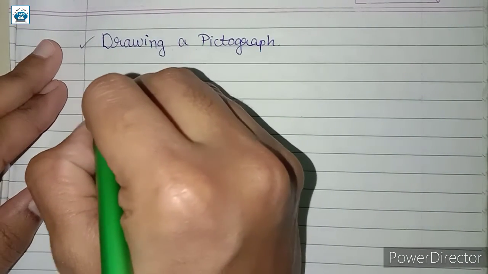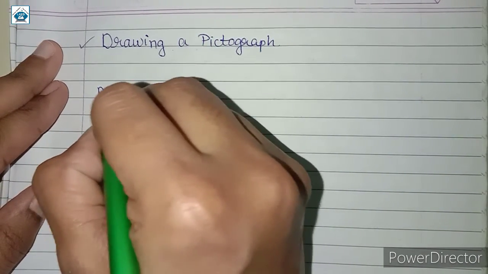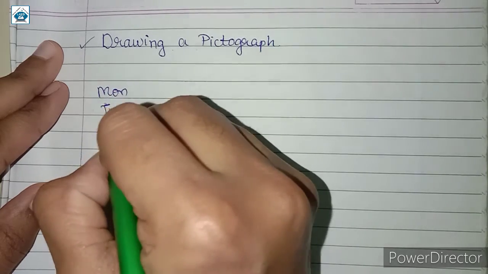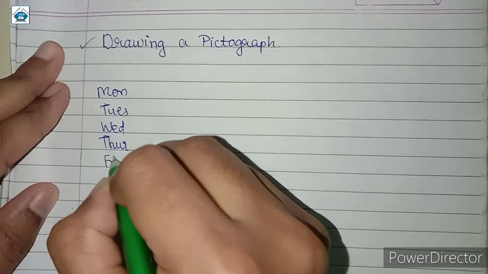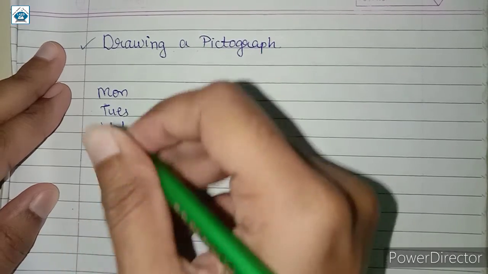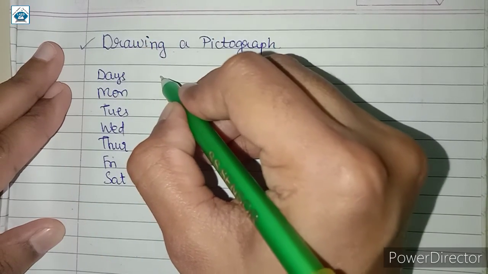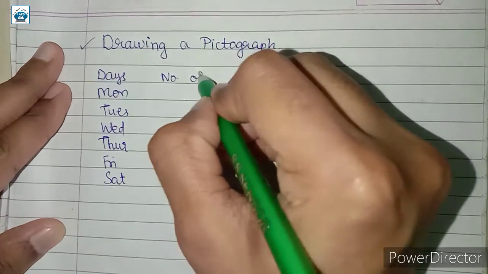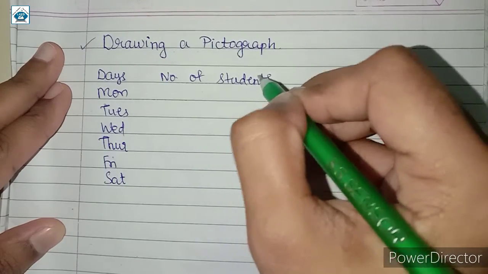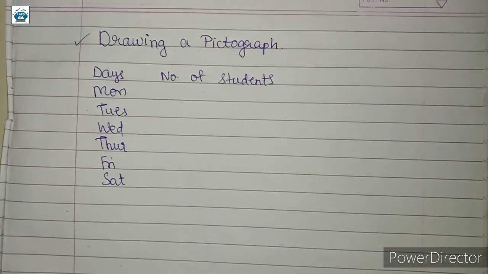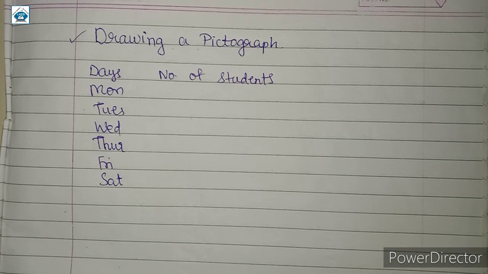So in a week we have Monday, Tuesday, Wednesday, Thursday, Friday and Saturday. So in this way I have written days of the week, and here we need to represent the number of students. So I am telling you, on Monday 5 students were present.